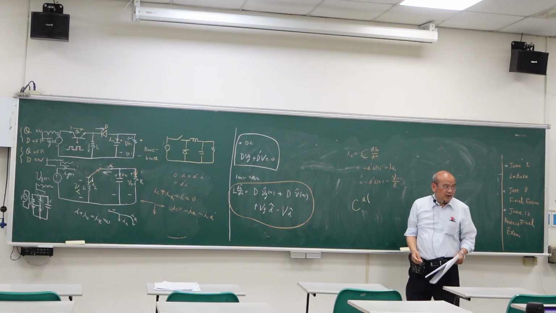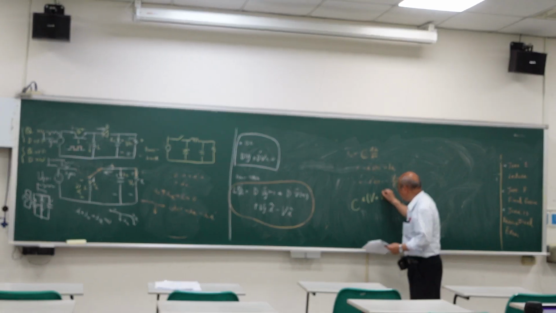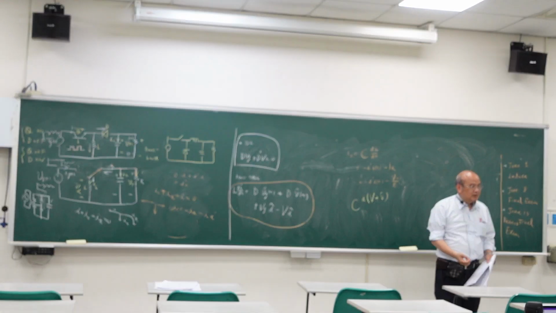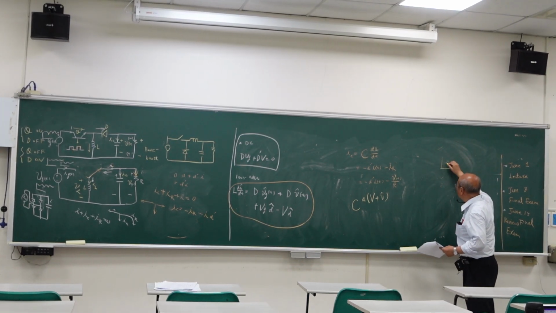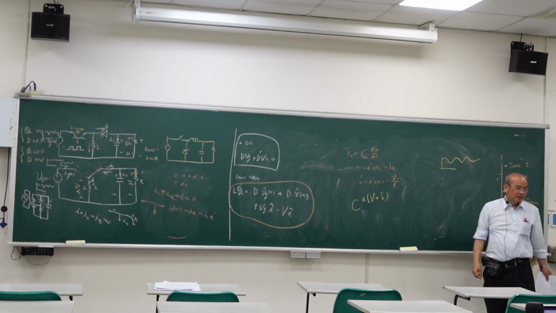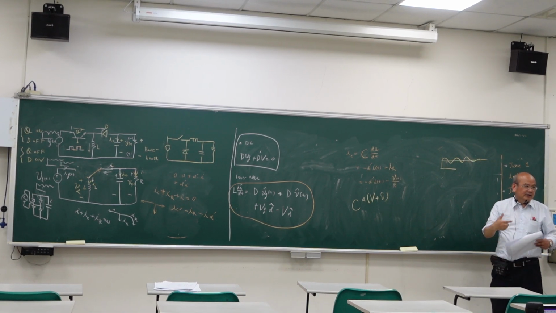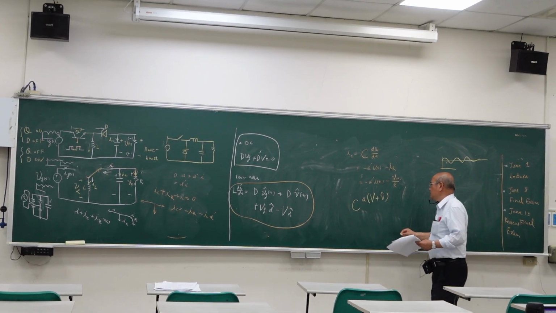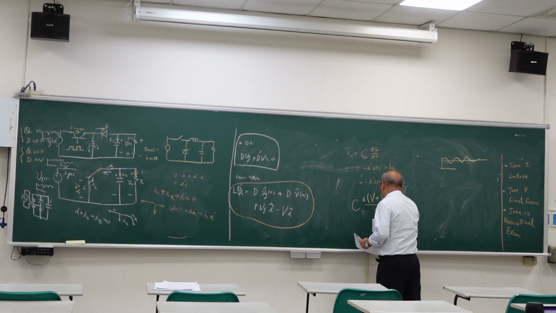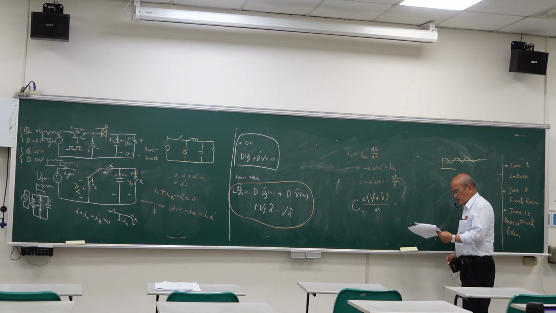What is V? V includes two parts, DC and small signal, right? So the output voltage, what is the output voltage? Like this. It includes DC value and small signal, right? So no problem. C dV/dt. Then how about this one?